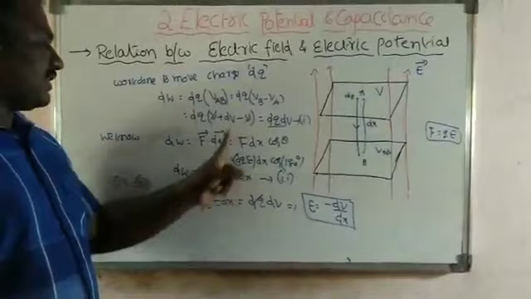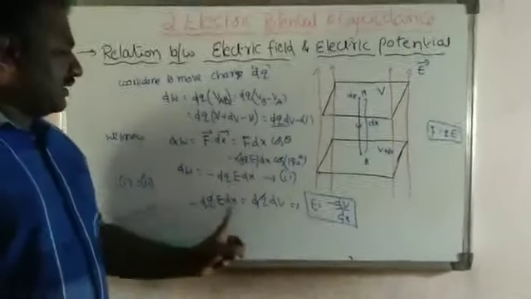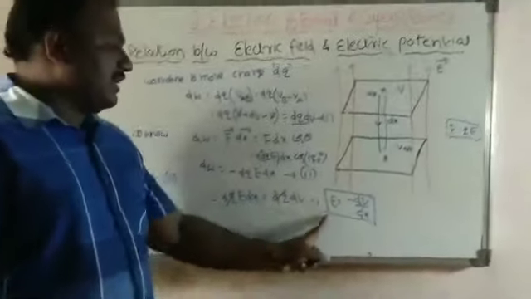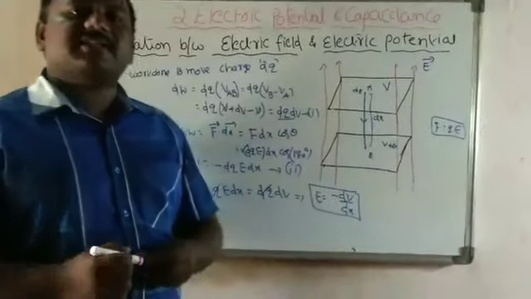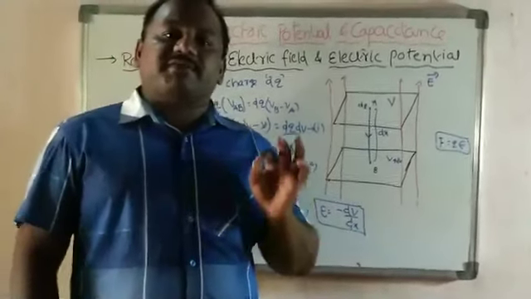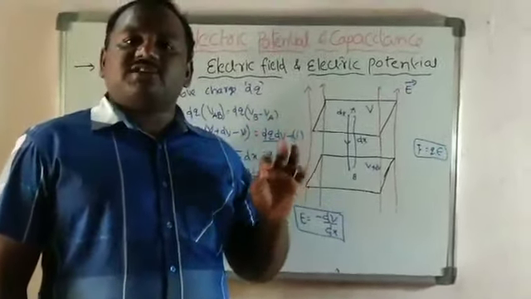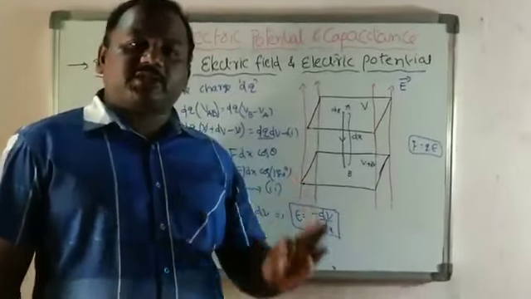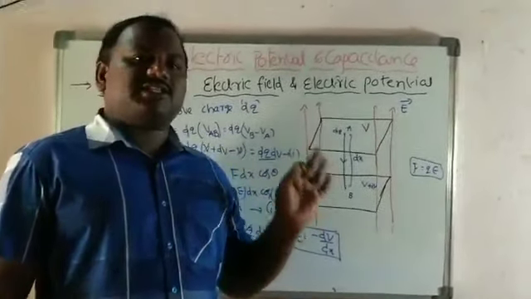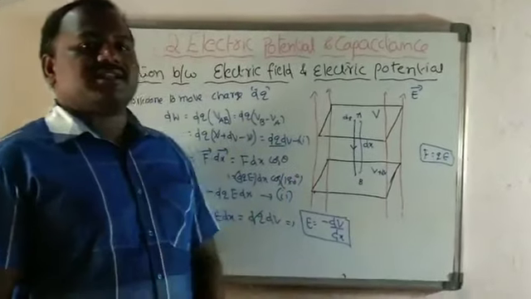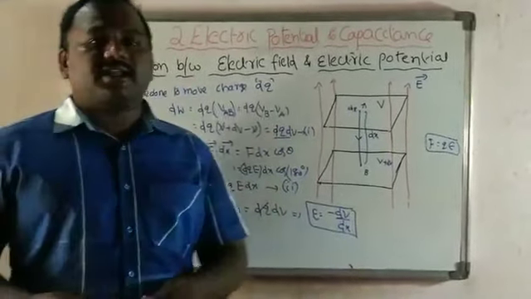Equating the first and second equations, the charge cancels, so E is equal to minus dV by dx. The electric field is the rate of change of electric potential with respect to the distance the charge moved. This is the relation between electric field and electric potential.